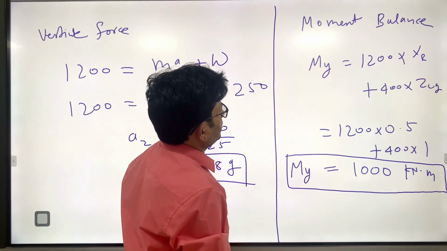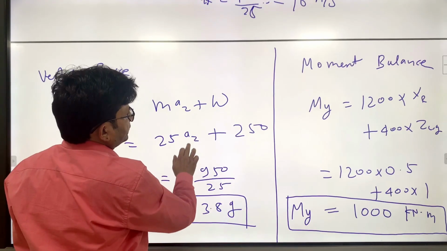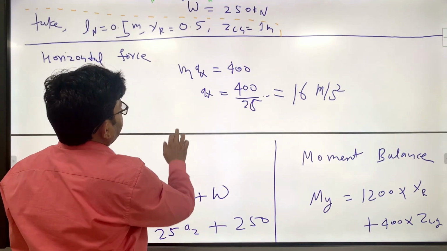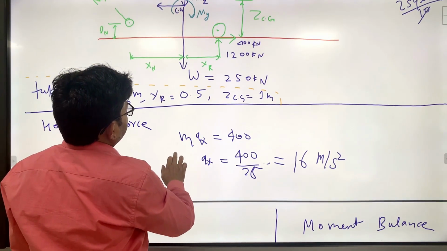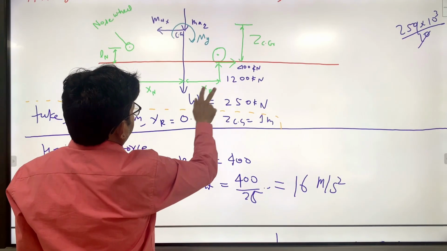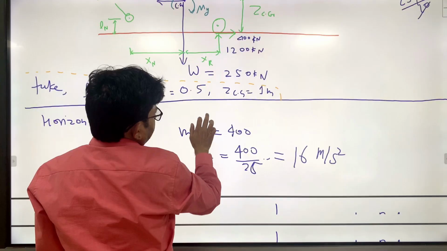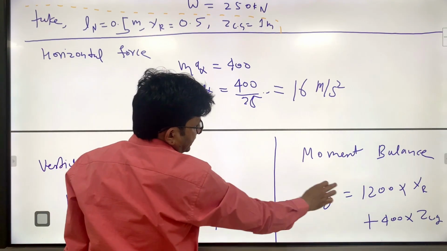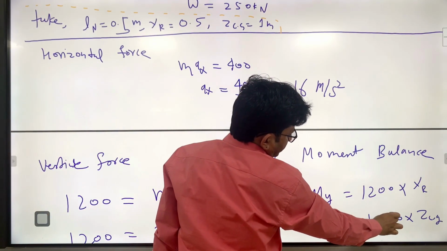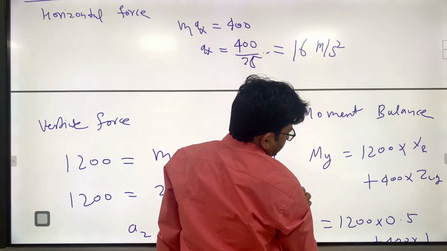And if you try to balance the moment, this force is what? 1200 kilonewton into XR and 400 kilonewton into ZCG. That is exactly what I have written: 1200 into XR plus 400 into ZCG.